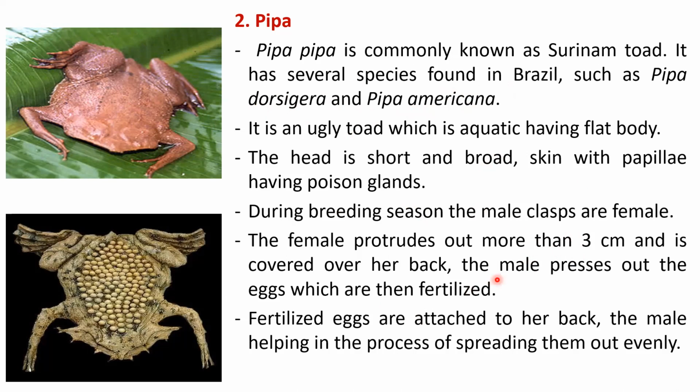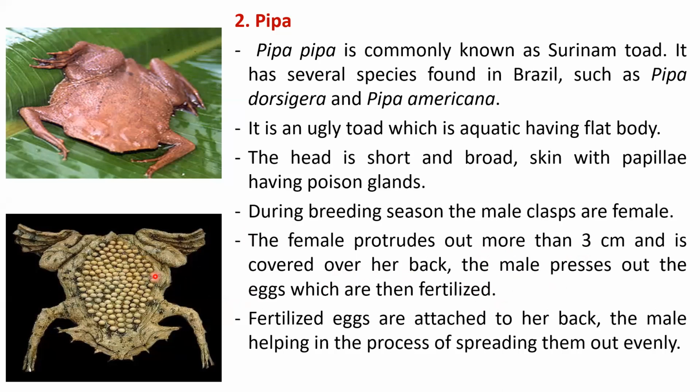When the females lay the eggs, they protrude, and the eggs laid by the female are present on their backside. If you see in this region, the eggs are present, and the male helps to press the eggs to attach to the body of the female, and helps the female in the process of fertilization.